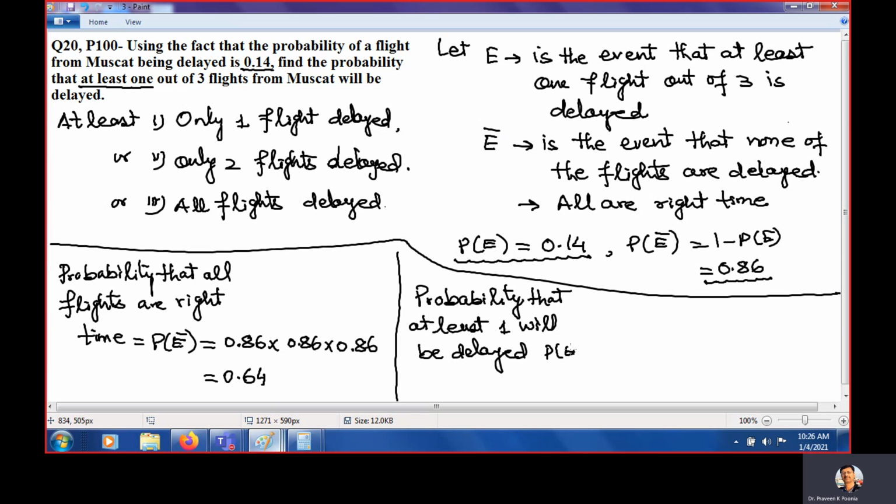That means you need to find the probability of E, and that will be 1 minus P(E bar), and that is 1 minus 0.64, and the answer is 0.36. So 0.36 is the probability that at least one flight is delayed.